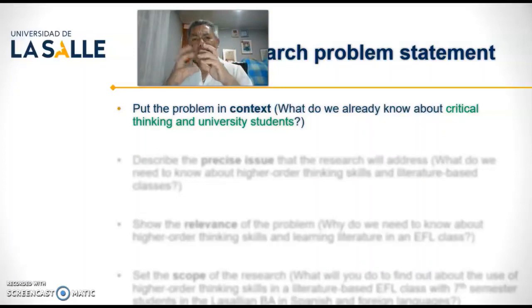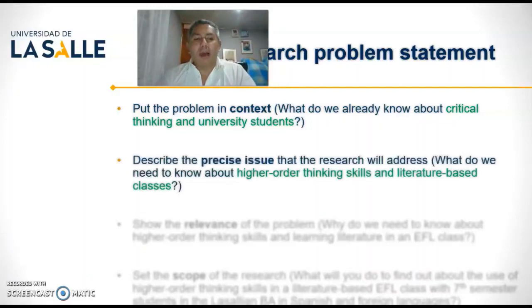In other words, what is the relationship? This makes it different from, for example, working with critical thinking and future teachers, or critical thinking and secondary students. Okay, but here you're just putting a big context to what your research problem is about.